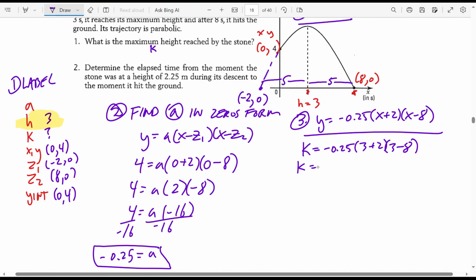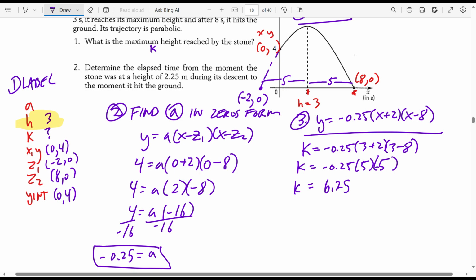So k is equal to negative 0.25 times 5 times negative 5. It should be a positive value, and then what's 1/4 of 25? 6.25 or something? Yeah. So k is positive 6.25.